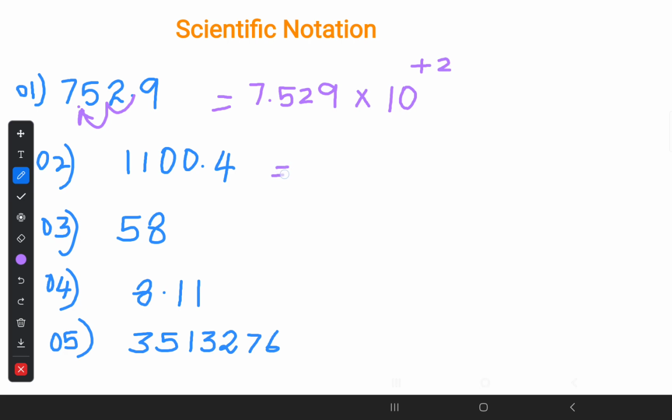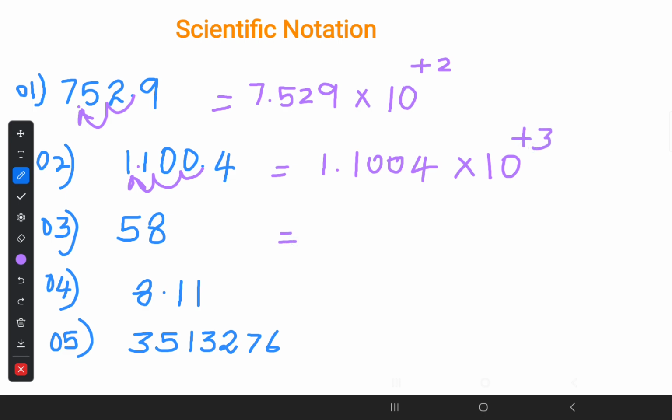That's all. And here, 1, 2, 3. Number should be located in between 1 to 10, not greater than 10. So it should be 1.1004 multiplied with 10 with the power of positive 3.